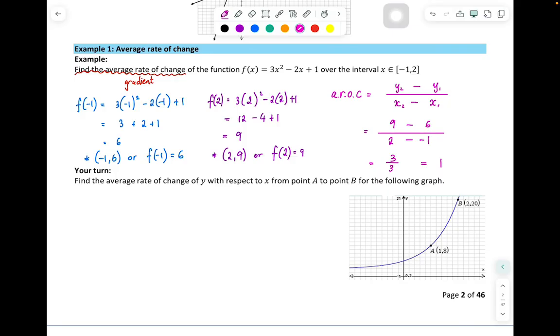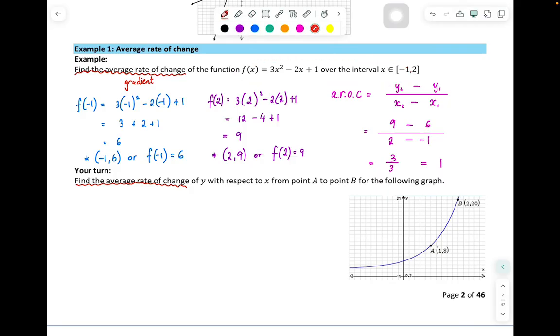The next example that we're going to do is, again, we're going to find the average rate of change of y with respect to x, from point A to point B. We can see here in this question, we're given a graph instead of a formula this time.